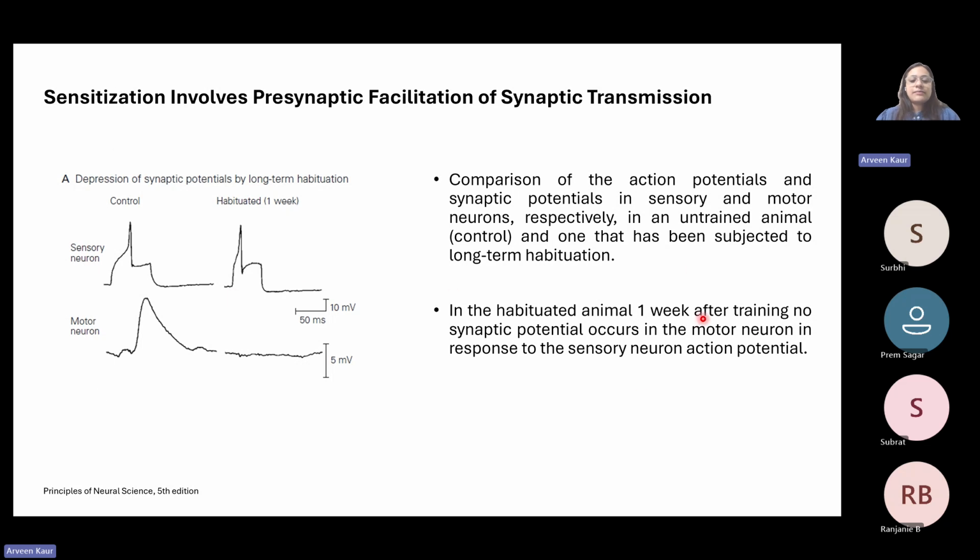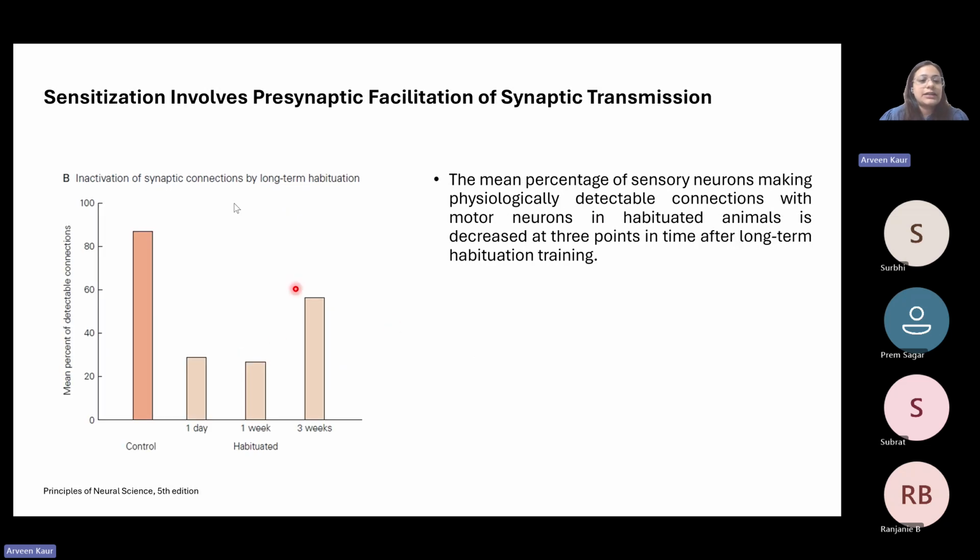In the habituated animal, 1 week after training, no synaptic potential occurs in the motor neuron in response to the sensory neuron action potential. So in the sensory neuron there is still an action potential, but in the motor neuron there is no response occurring, right? That is what habituation is.